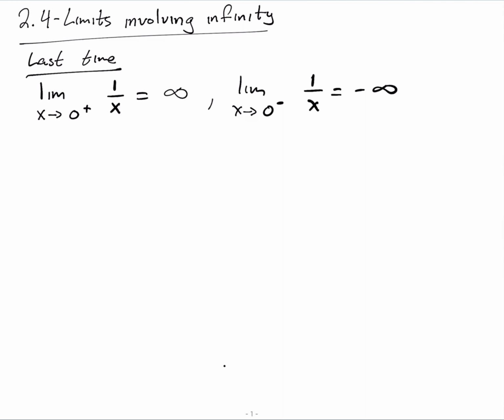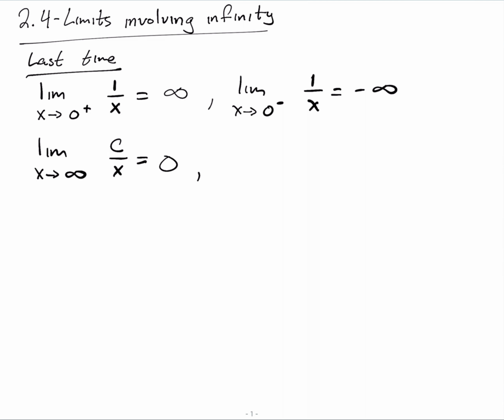Now, what if you have the limit as x goes to infinity of this, and actually at this point it can be any constant. What would that be? Now you have some constant on top, and the bottom is getting really, really big. So that's going to 0, right?